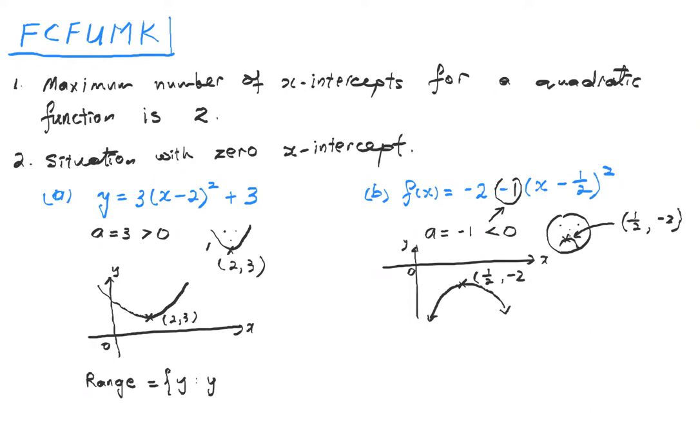The range is all the possible values for y. Domain is all the possible values for x. That is the manipulated variable. For this case, because it's a polynomial, x can take any real value.